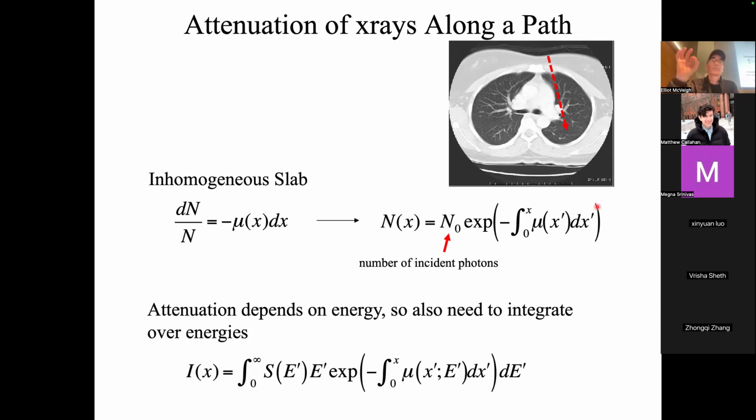We're just adding up each little box. So if I think of this thing as a ton of little 1 by 1 by 1 millimeter boxes, as I go through each box, I evaluate what's mu, how many photons get left behind, go to the next box. What's mu, how many photons get left behind, go to the next box. So I'm just doing that integration.